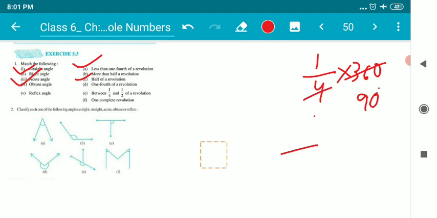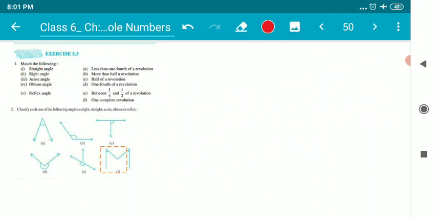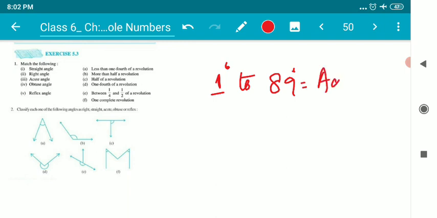Now children, let us talk about how to identify angles. As we all know, an angle from 1 degree to 89 degrees is called an acute angle. Exactly 90 degrees is called a right angle.